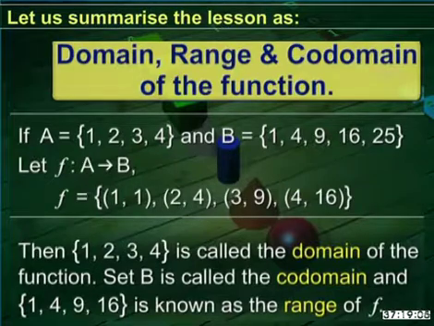Then this set A is called the domain of the function and set B is the codomain, and the set containing elements 1, 4, 9, 16, which are the second elements of the ordered pairs, is known as the range of function f.